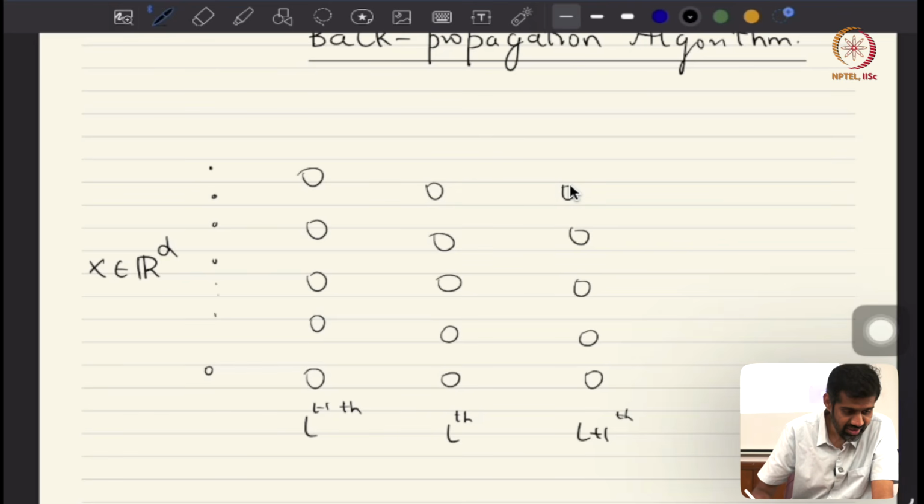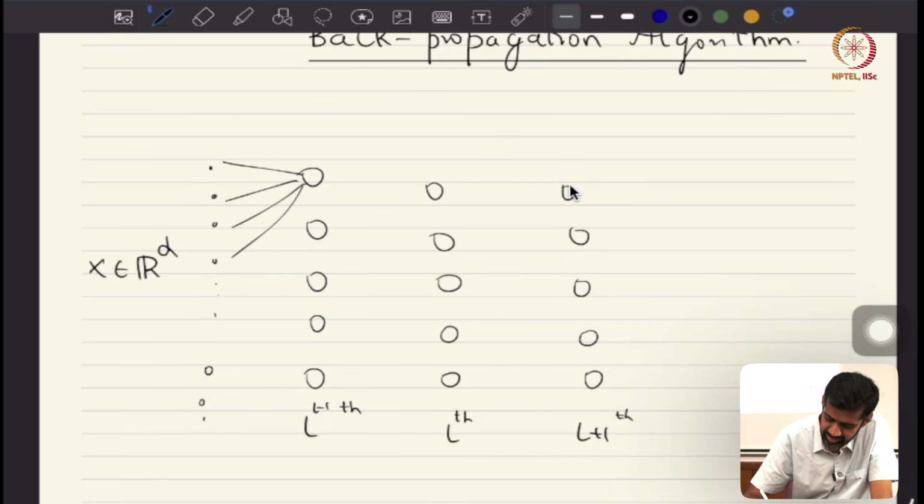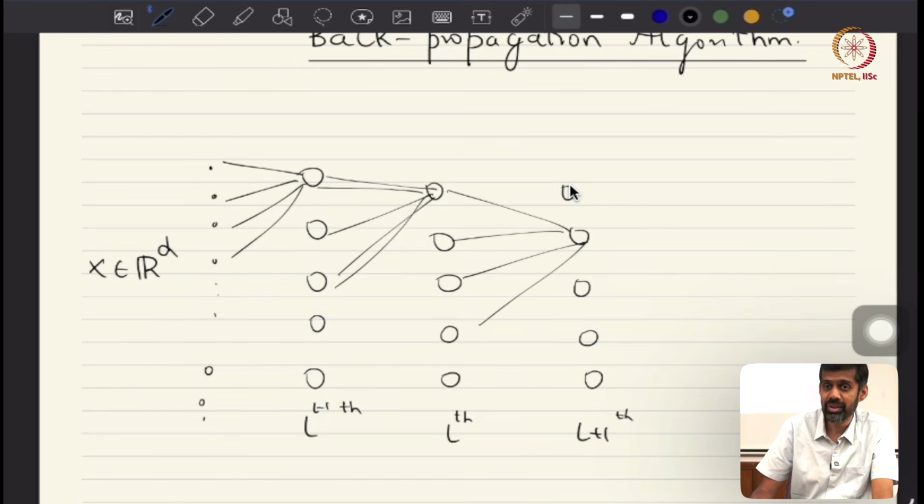Okay. Then what happens is that this is connected to all of these neurons, and this is connected to, do you see what is happening here?